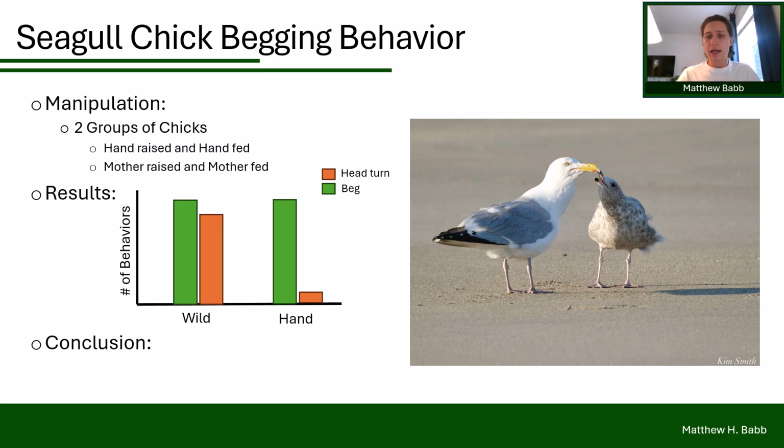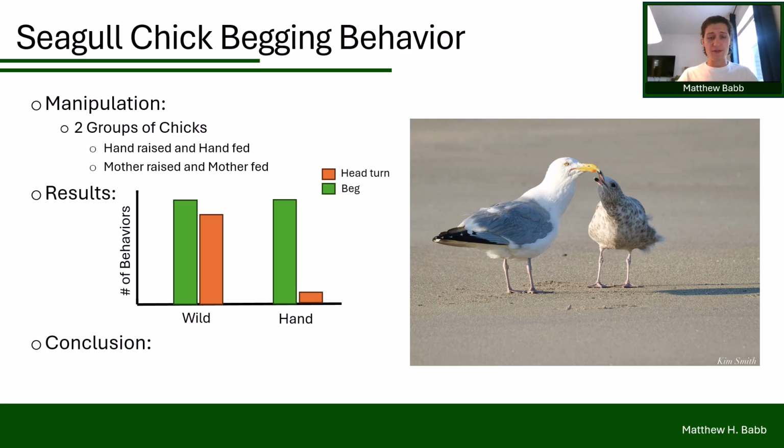And what they did is they then measured the number of times that they either begged or turned their head. This is because it's sort of the two parts of the behavior. The begging is the opening of the mouth, and the turning is so that it makes it easier for the mom to feed the chick.